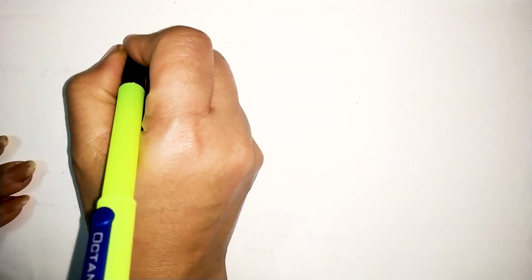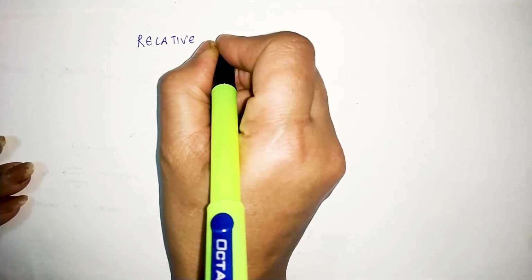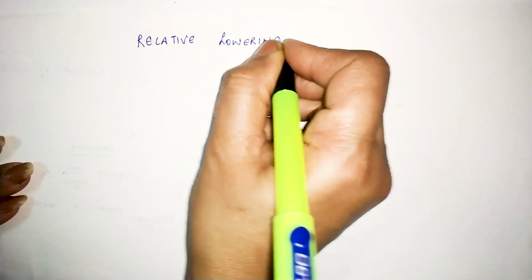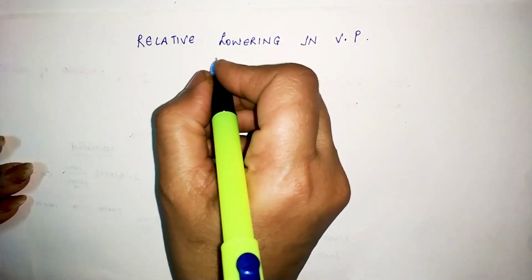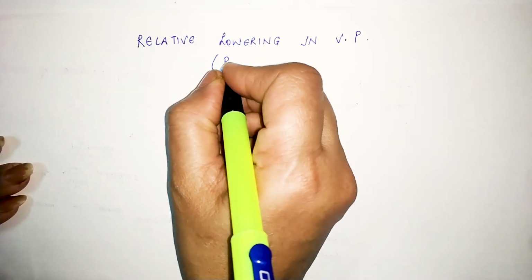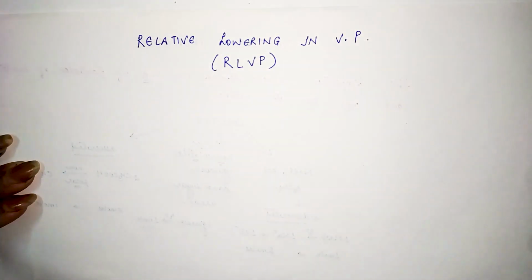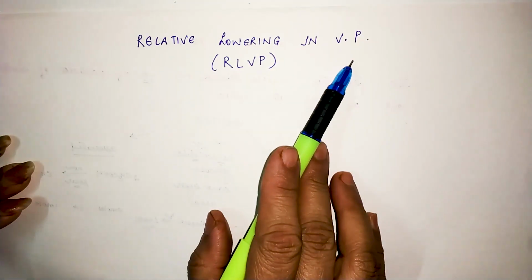So the first property is called relative lowering in vapor pressure. It is also called RLVP in short. Now, relative lowering in vapor pressure.